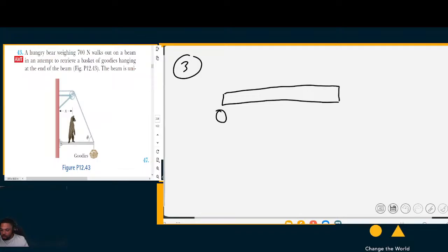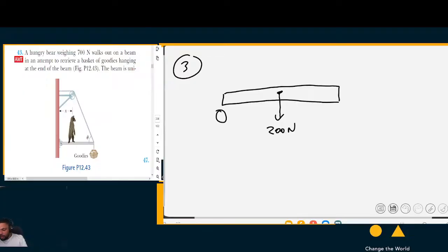O for origin. So the beam is 200 newtons. Usually we assume all the weight is at the center. So 200 newtons of force going downwards. That is the weight of the beam itself.